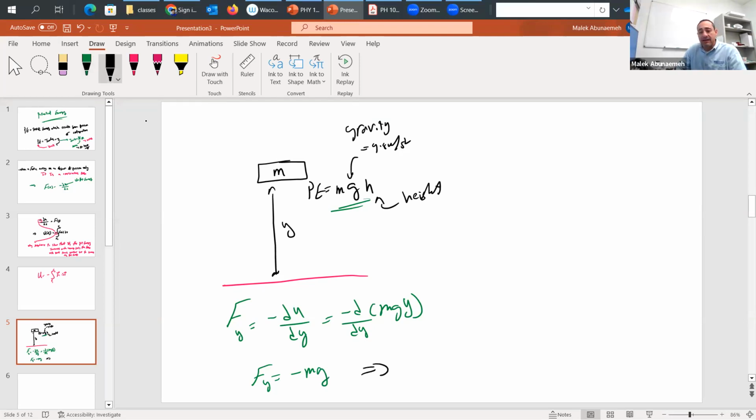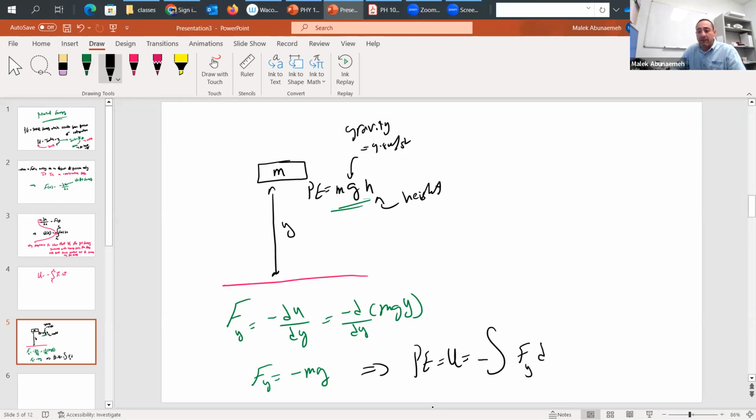Which concludes that the potential energy, and I'm going to use U again, is going to be the negative integral of your force times dy.